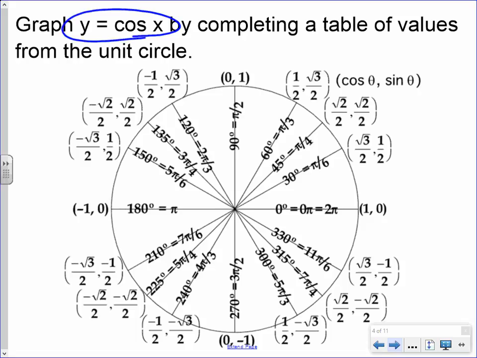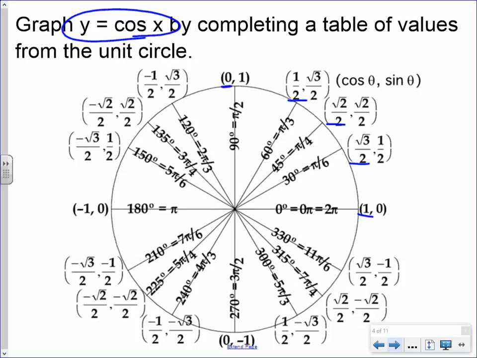Okay, so once again, take a break. Y equals cosine x. We're going to go around and look at which values now. The x values. So at 0, cosine starts at 1, right? And then as we rotate, those values get smaller until at pi over 2 we hit 0.